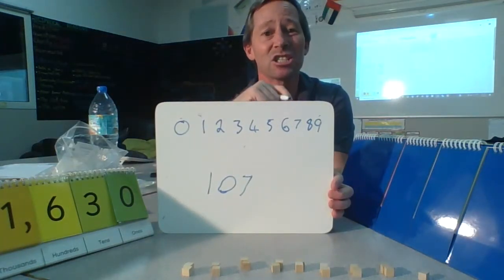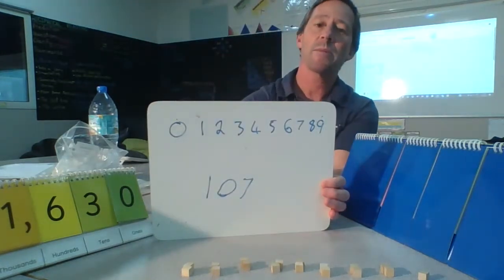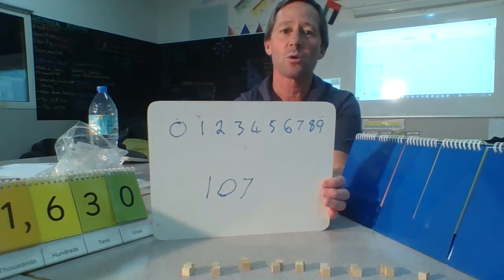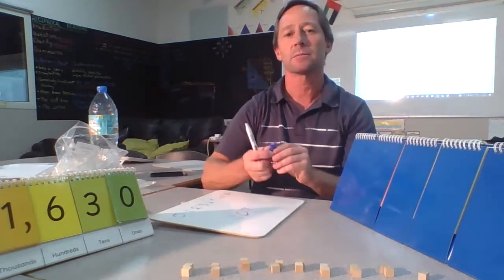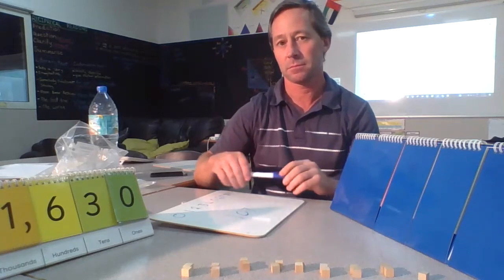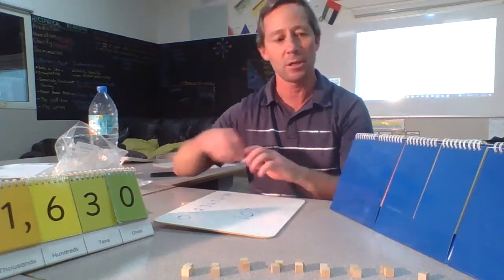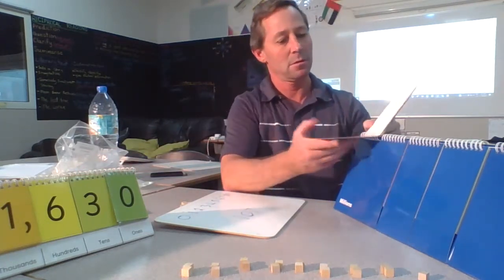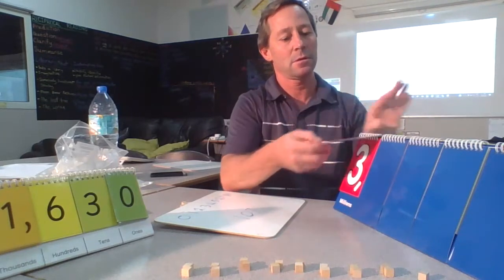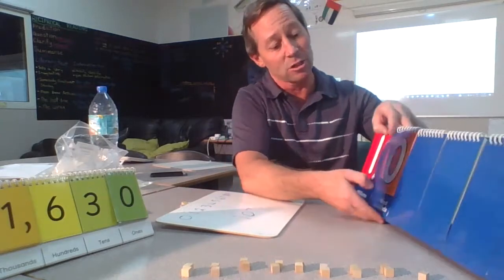107. How many digits are in 107? If you said 3, correct. How many digits are in 1 million, do you think? In 1 million, it looks like this. I have 1 and a whole lot of zeros.